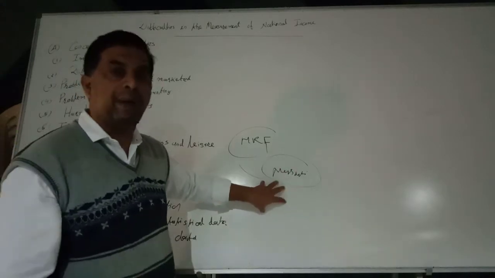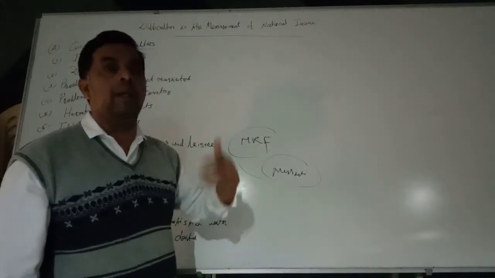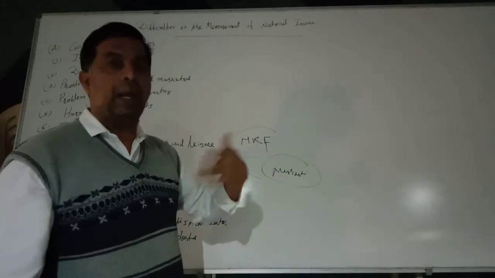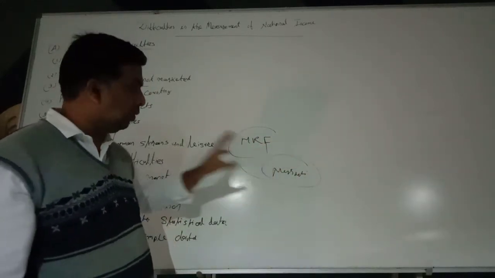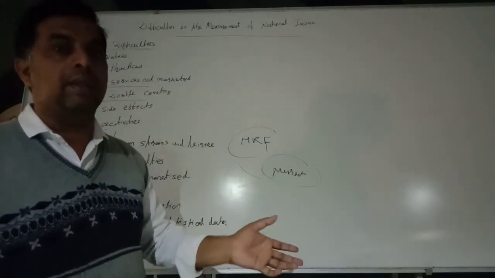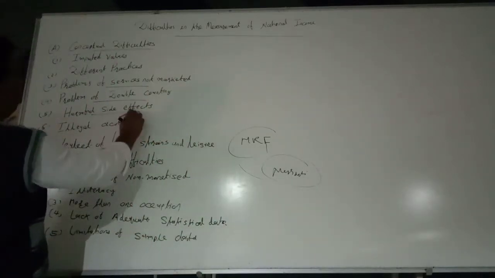It is considered as a final product. But the same wheat flour is used to prepare biscuits by biscuit companies like Parle. So it is considered as input. Okay. So at that time it is not a final product. So it is difficult to decide whether the product is a final good or it is considered as raw material or input. Next, harmful side effects.